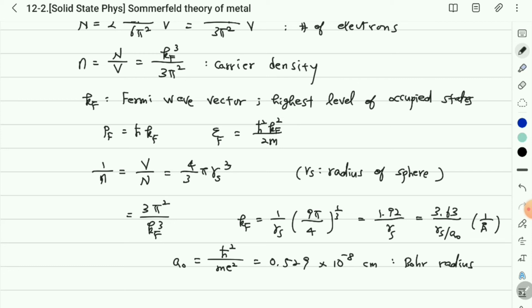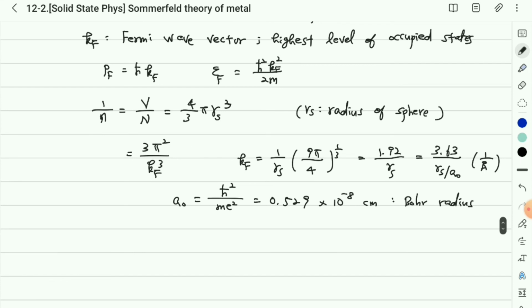Then this is the Fermi momentum value, and actually we do not know the real Rs over A0 value, but anyway we can estimate.